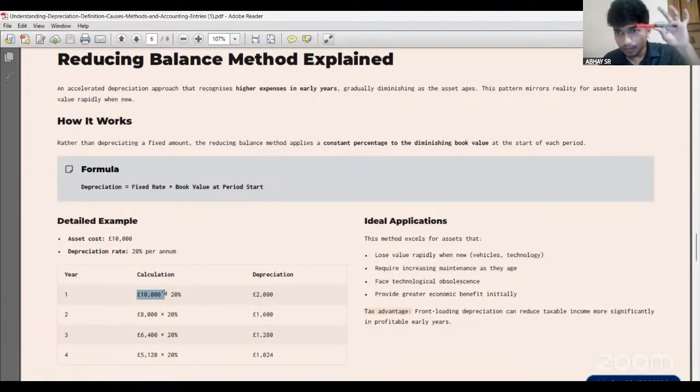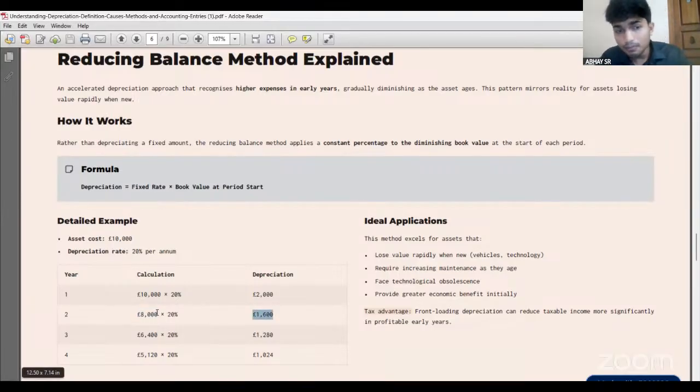The machine cost 10,000, there's a depreciation of 2,000, and when we subtract this we get 8,000. In the second year, in the reducing balance method, or written down value method, WDV method, we must calculate the depreciation with this 8,000. That is 20% of 8,000 pounds. So the next year's depreciation would be £1,600.